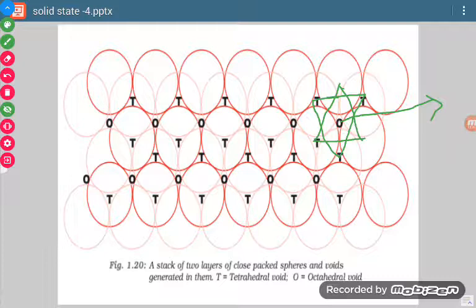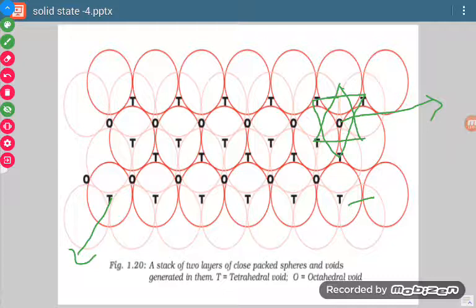So this is to be remembered. In the case of tetrahedral, there is just one vacant space. So tetrahedral means only 4 are touching each other. Here octahedral means 6 are touching each other. So this one is octahedral void, this one is tetrahedral void. So there is formation of tetrahedral voids as well as octahedral voids.